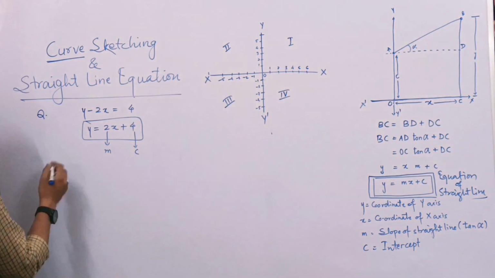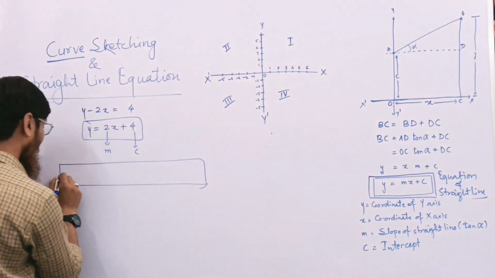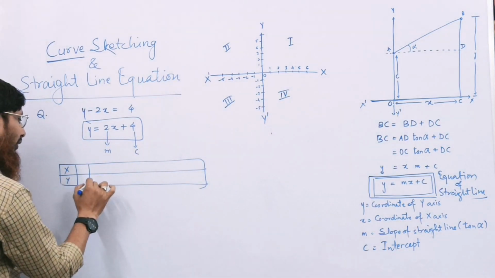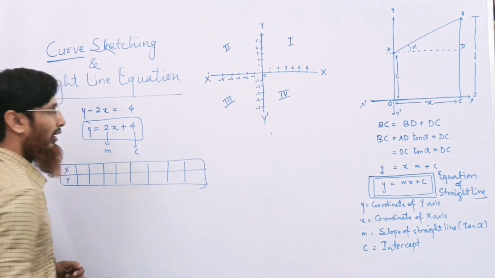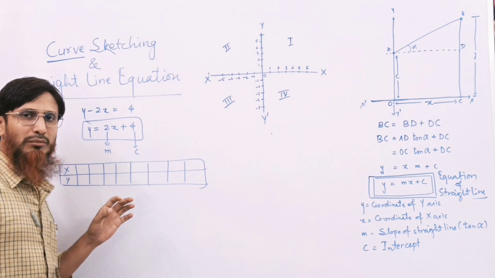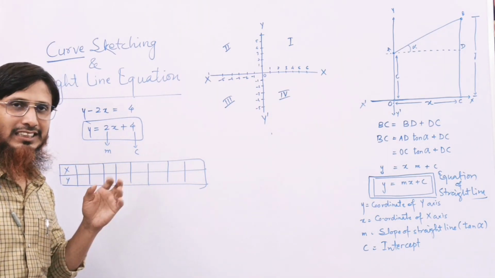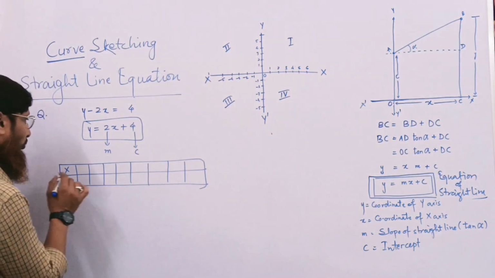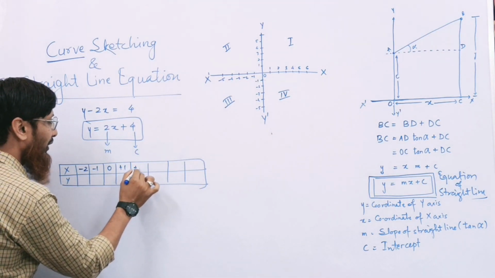So first what we have to do is to take this straight line and take the parameters of x and y. I have already told that whenever we take the variables, the independent variable we arbitrarily choose could be taken as the x-axis and the dependent variable would be the answer. So we would take minus 2, minus 1, 0, plus 1 and plus 2.